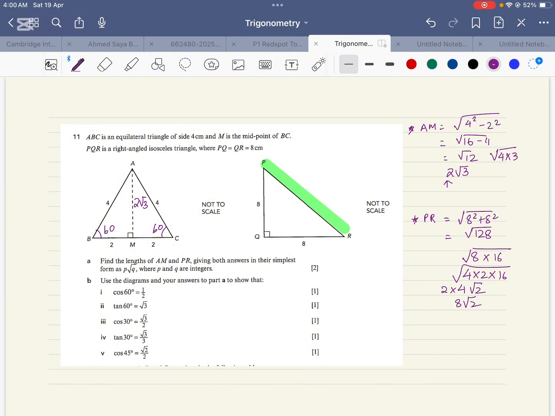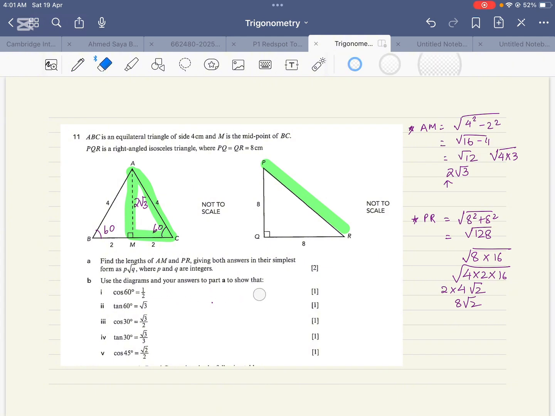When we say cos 60 is 1 upon 2, we are using this single triangle because we do need a right angle. Here, for 60, the base is 2, and the hypotenuse is 4, so cos 60 is equal to 1 upon 2, hence shown.